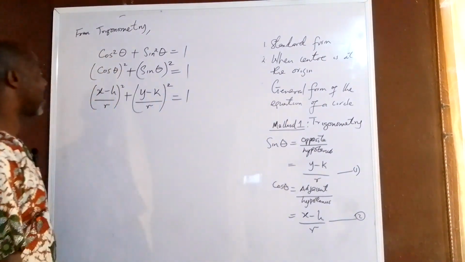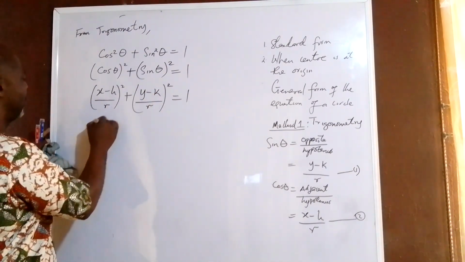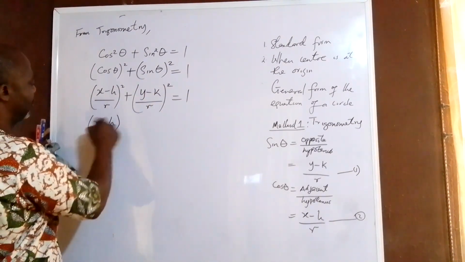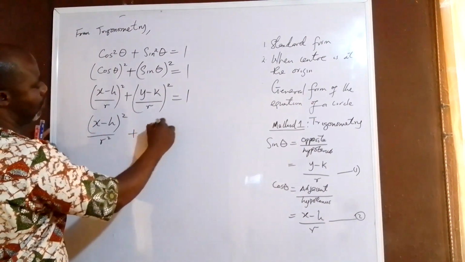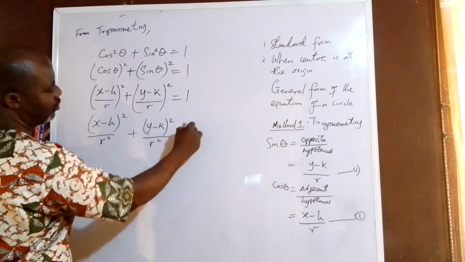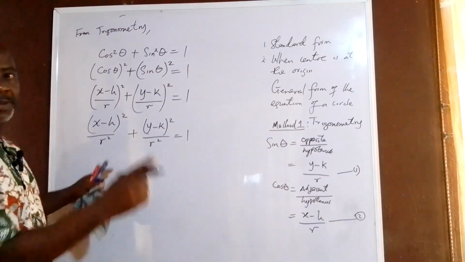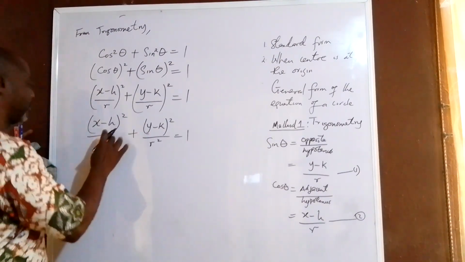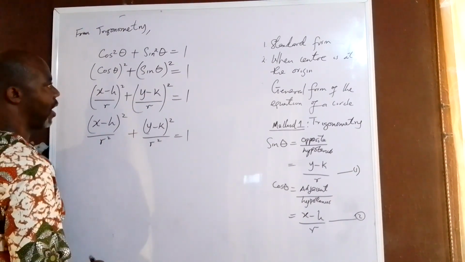So I'm going to rewrite this expression to give x minus h squared all over r squared plus y minus k squared over r squared equal to 1. The LCM is r squared, so we multiply each term in the equation by r squared.